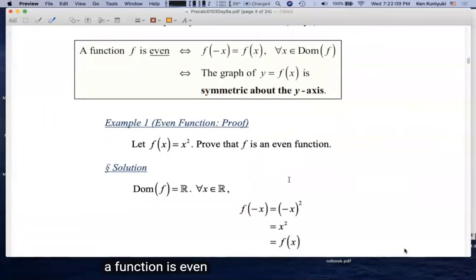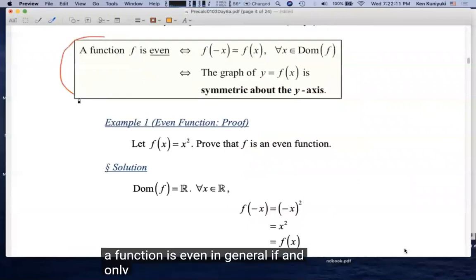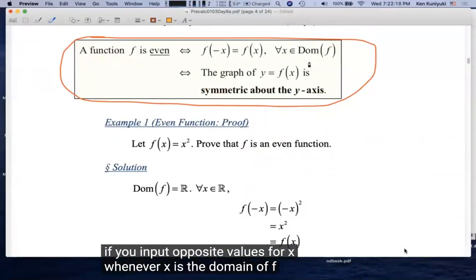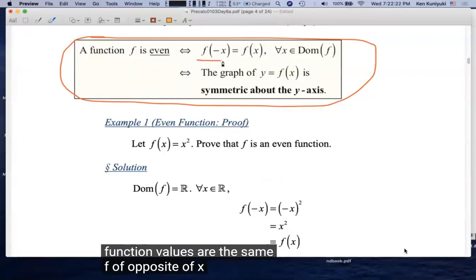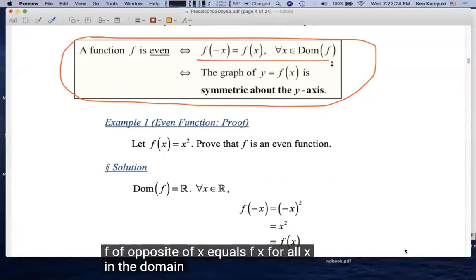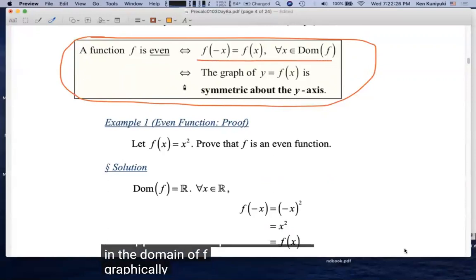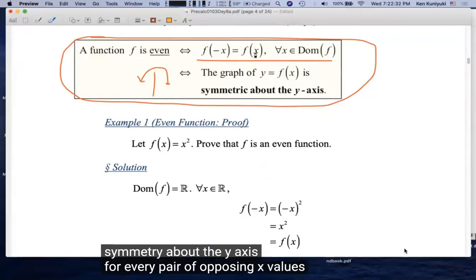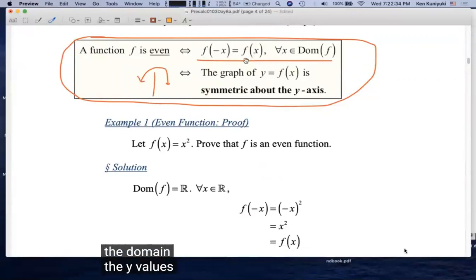A function is even, in general, if and only if you input opposite values for x, whenever x is in the domain of f, the function values are the same. f(-x) equals f(x) for all x in the domain of f. Graphically, that means that we have symmetry about the y-axis. For every pair of opposing x values in the domain, the y values are the same.